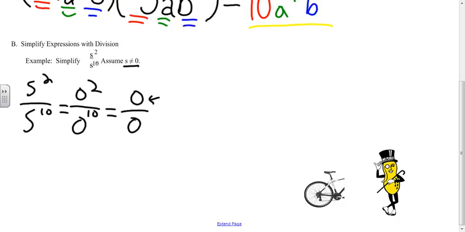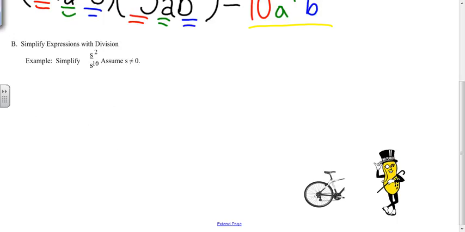Even though it's 0 on top, we have a 0 on bottom, and nothing, even 0, can be divided by 0. You cannot do that. So we need to make sure that we are not dividing by 0 ever. But since we are assuming that s is not 0, we can continue with this one.